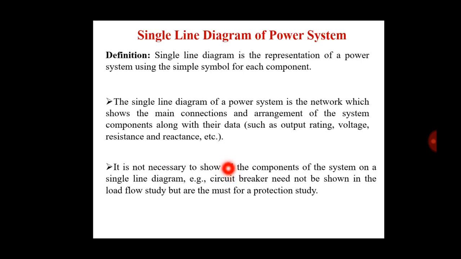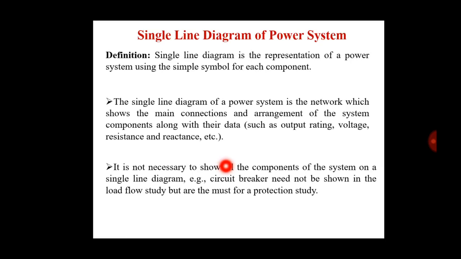So it is not necessary to show all the components of the system, because our power system is a vast system, and in this power system a number of components are used. For example, the circuit breaker is used in switchgear and protection.